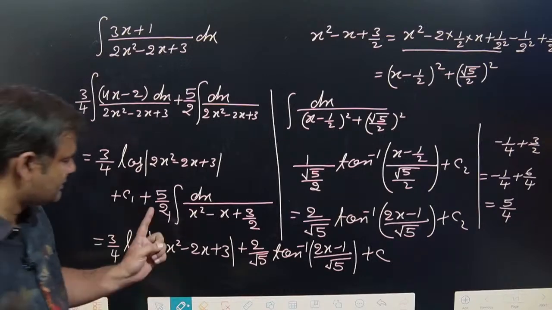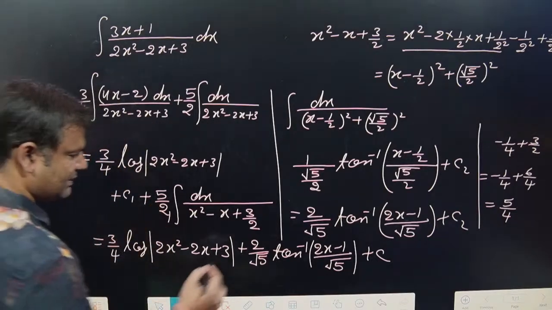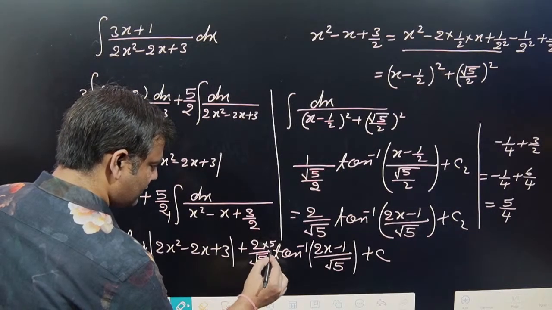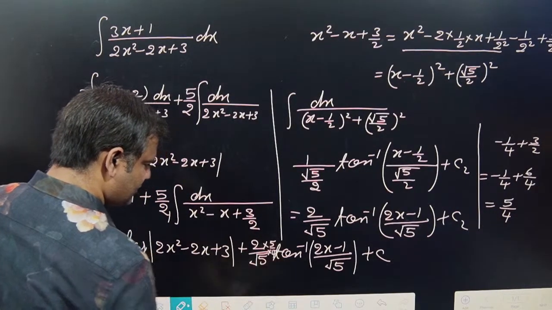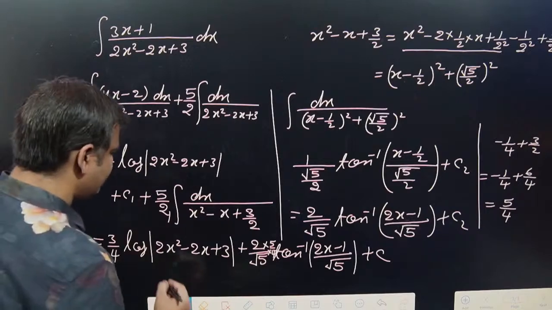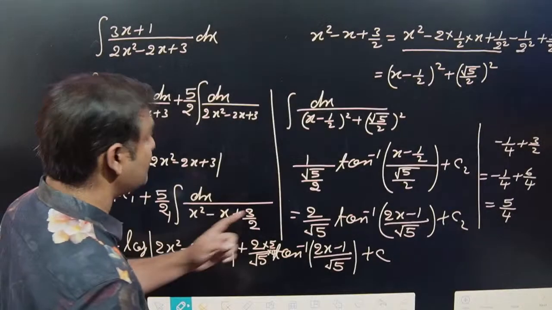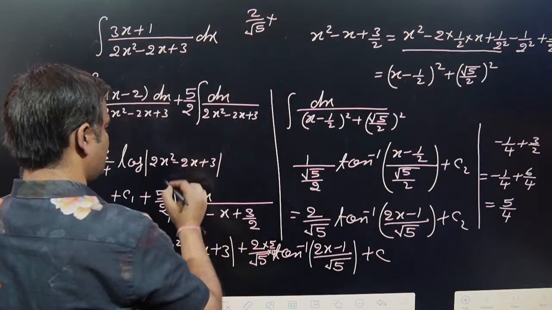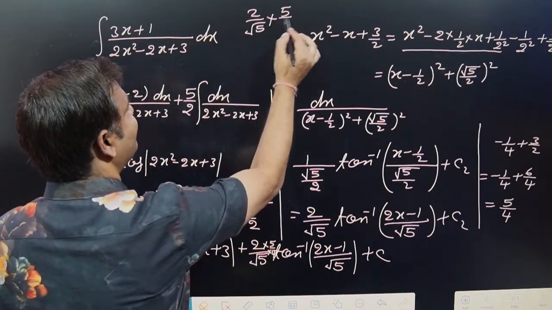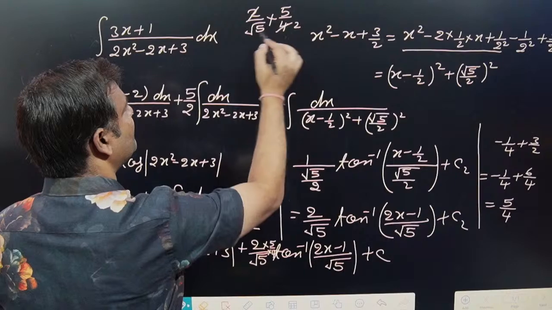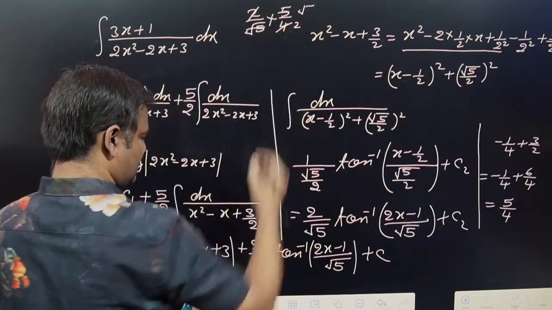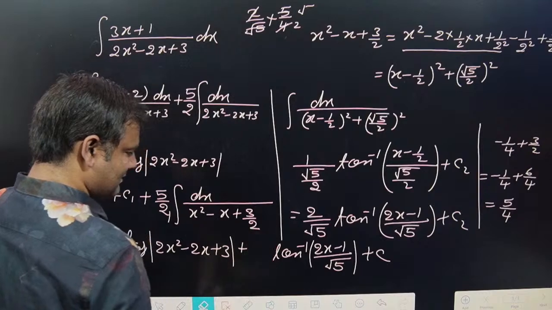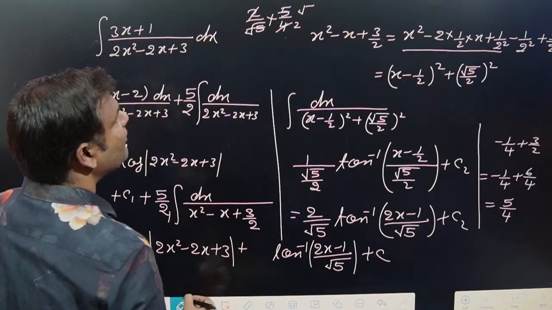Wait, there is a mistake: 5 by 4 should also be written. So 5 by 4. Okay, so you can say that this one is written with 2 upon root 5 into 5 by 4. So here 2 and that one root 5. So basically you can write now here, how much?